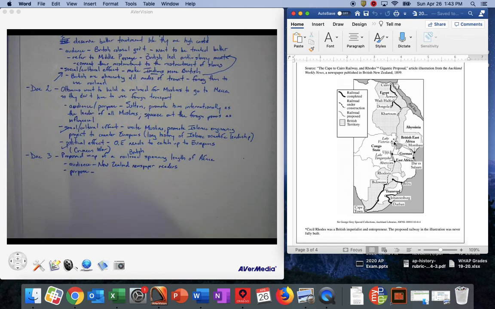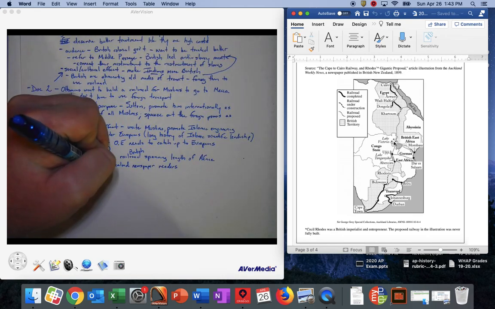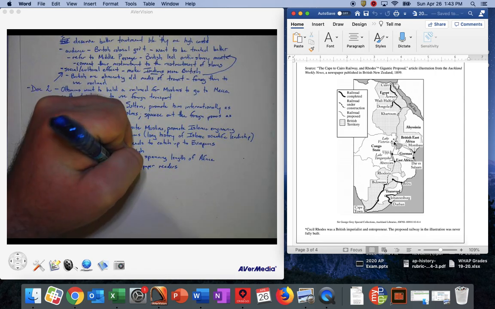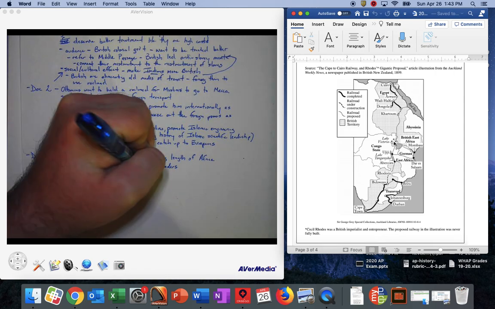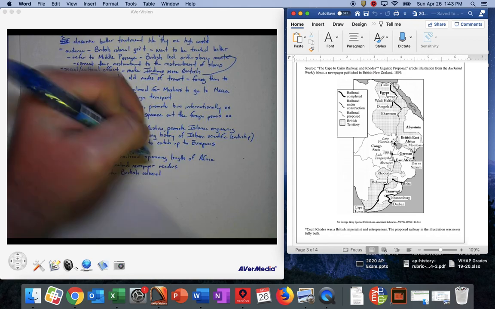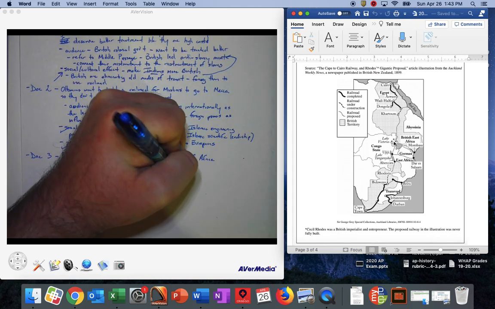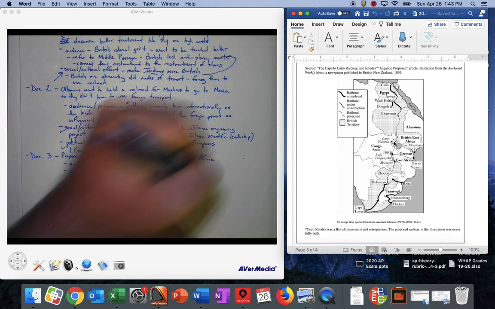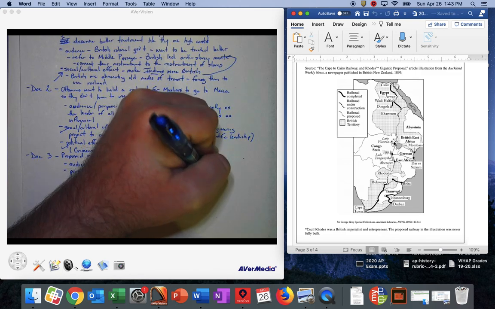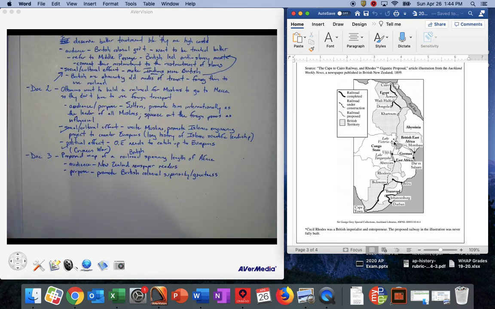But when we think about the purpose, the audience starts to make sense, because the purpose here is to promote British colonial superiority or greatness. So just like the colonists in Africa are British subjects, so are the people in New Zealand.